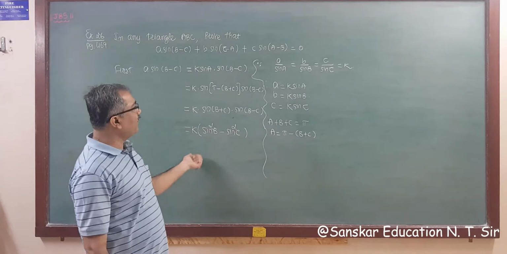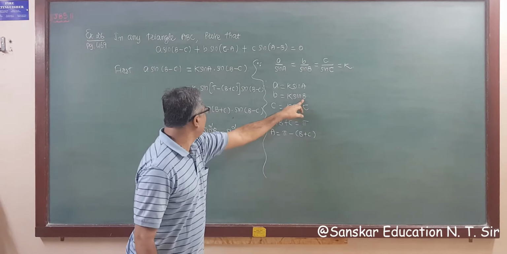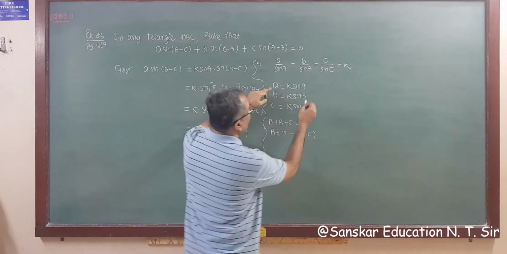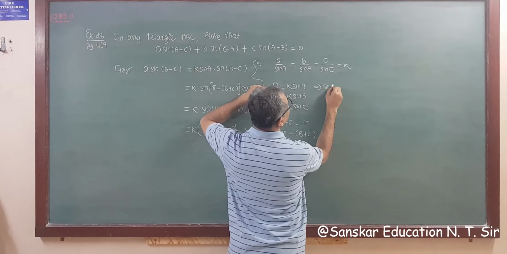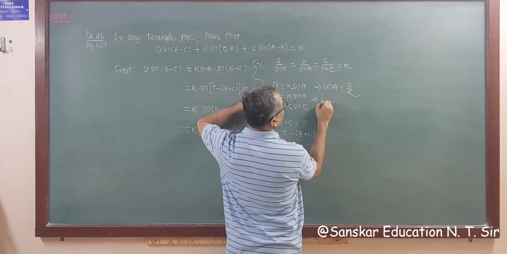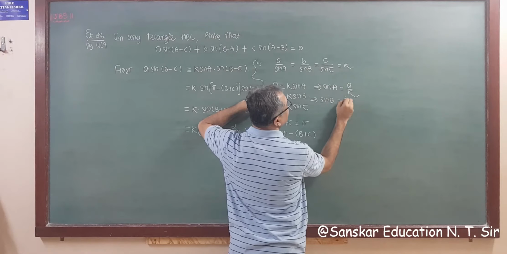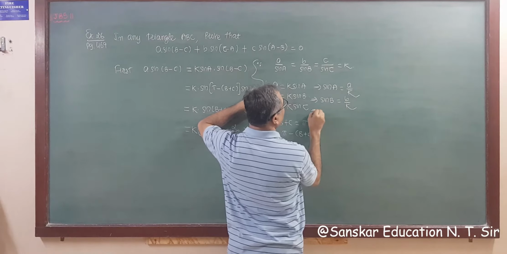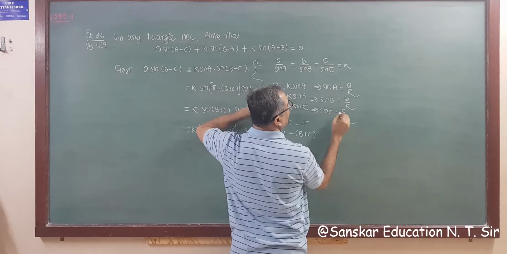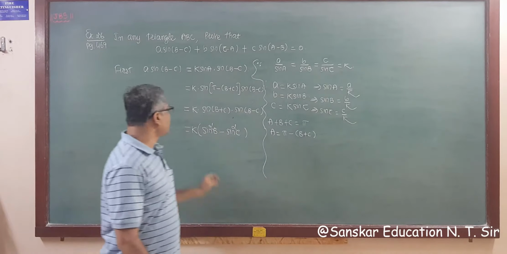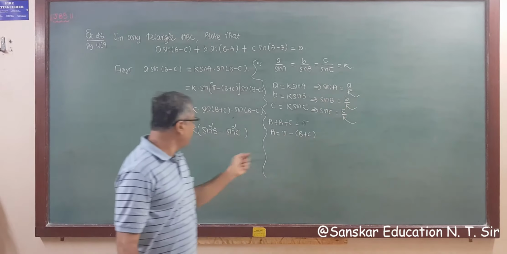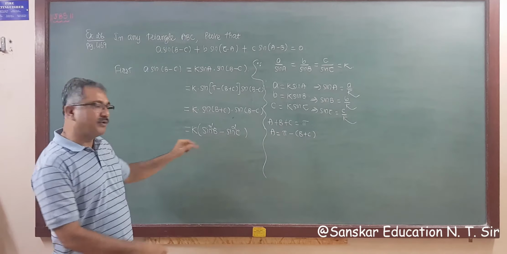Now from the sine formula, sin A is equal to a upon K, sin B is equal to b upon K, and sin C is equal to c upon K. Substituting the value of sin B, which is b upon K, the square is b squared upon K squared.